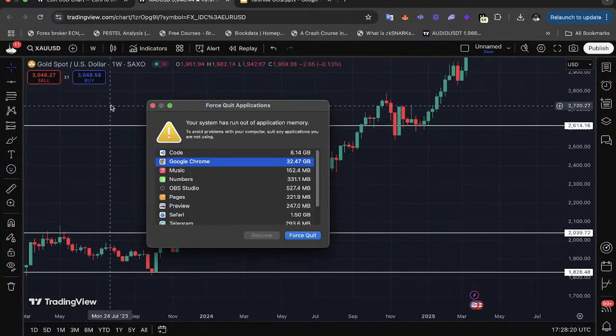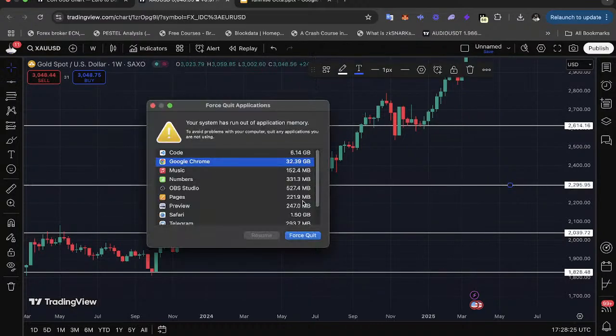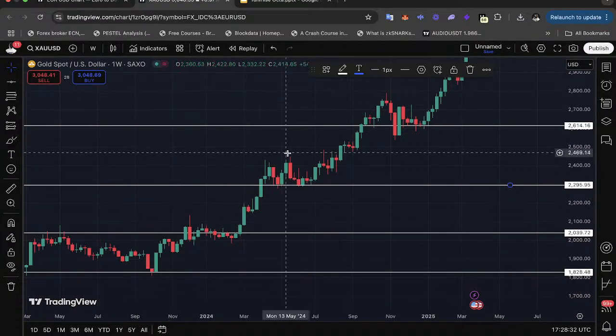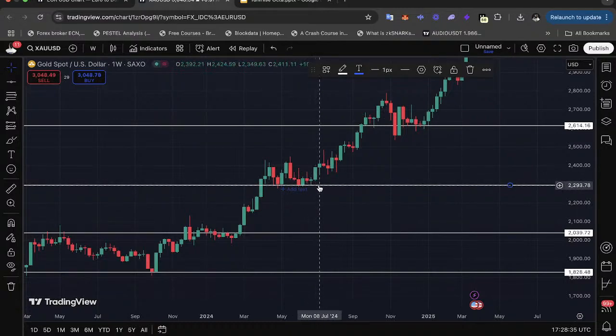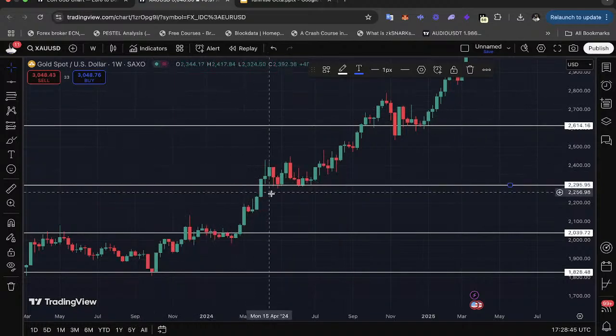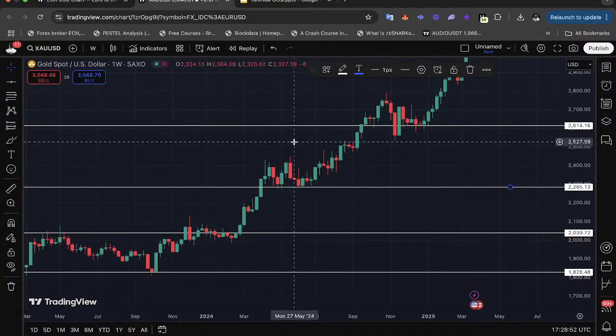Okay, so let's say here, which is a key level. So we say this is another key level that became obvious to us when we came to the weekly time frame.